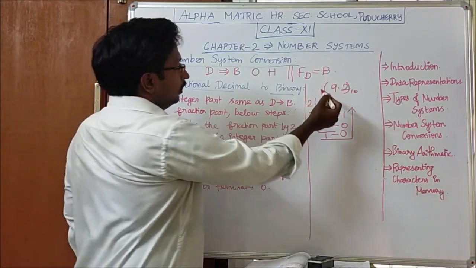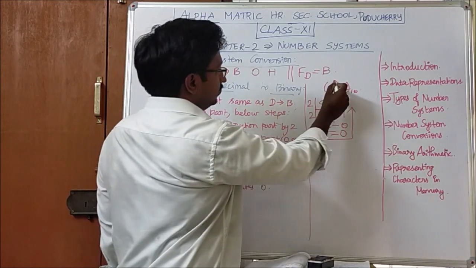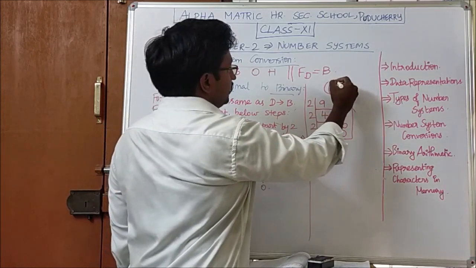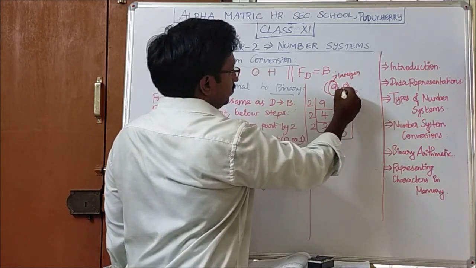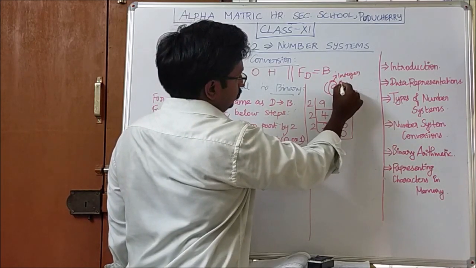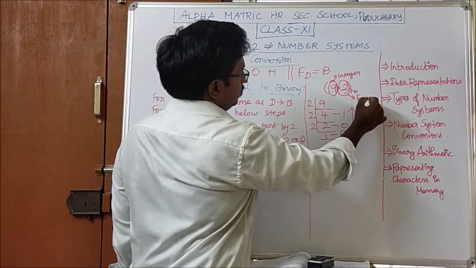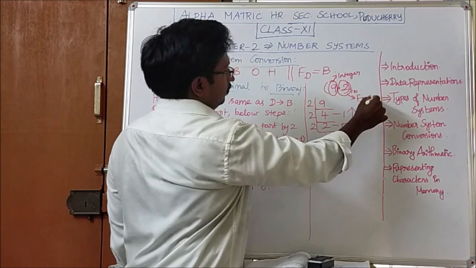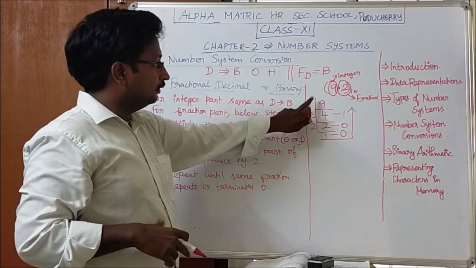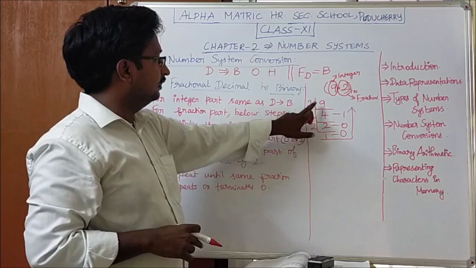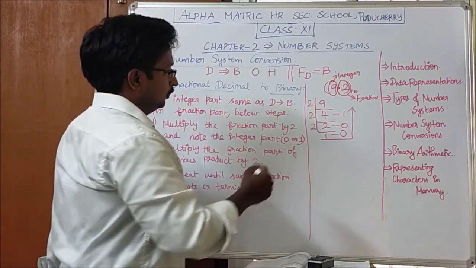Okay, so here I have 9.2, that is the decimal number. This is the integer part, and this 0.2, including the point, is the fractional part. For the integer part, as we followed in the normal decimal to binary conversion, I have converted it.